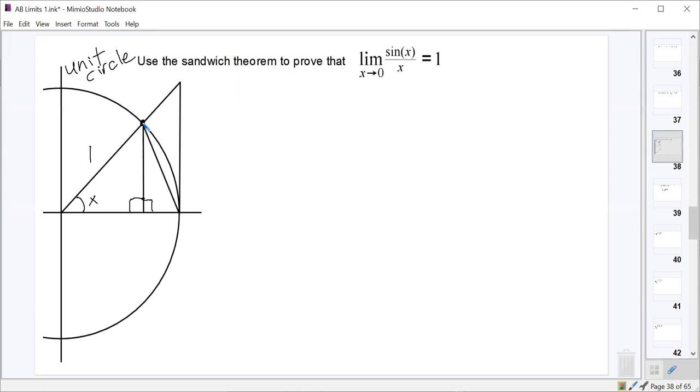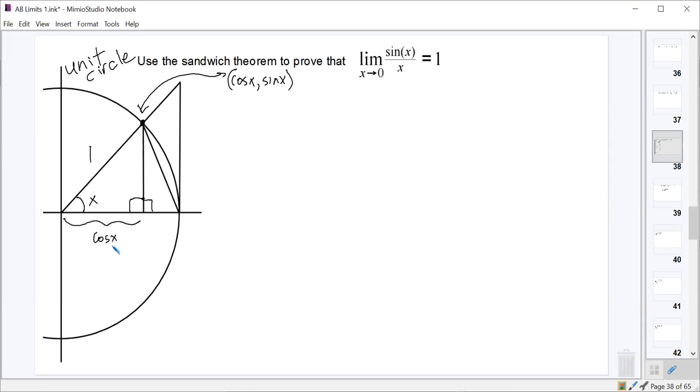The x coordinate is always cosine, and the y coordinate is always sine. I'm going to write this out here. This is the point cosine x comma sine x. Does that tell us anything about this? It should tell us what that length is, right?